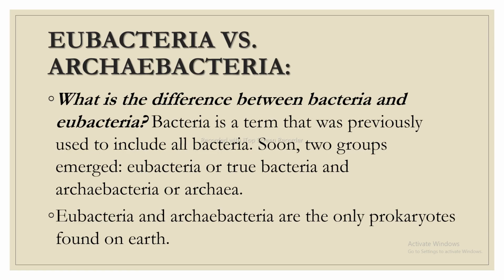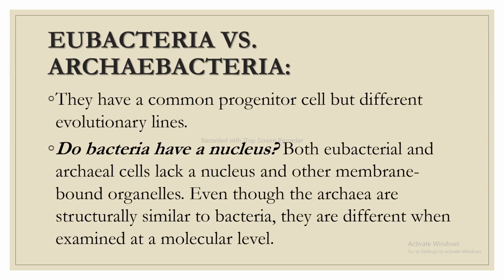Soon two groups emerged: Eubacteria, the true bacteria, and Archaebacteria or Archaea. Eubacteria and Archaebacteria are the only prokaryotes found on Earth, and they have a common progenitor cell but different evolutionary lines.